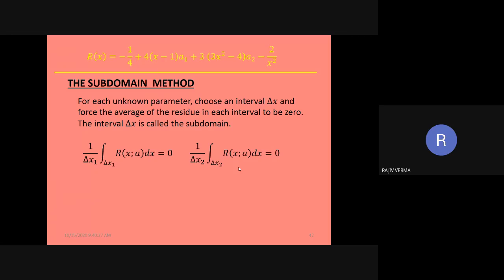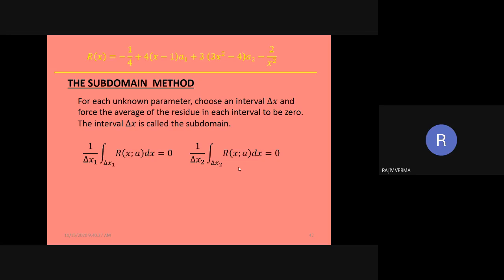The particular formula or the method is on display. We integrate the residual over delta x1 and delta x2 and divide them by the length of the subdomain itself and equate the result to 0. So this is the average of the residual.